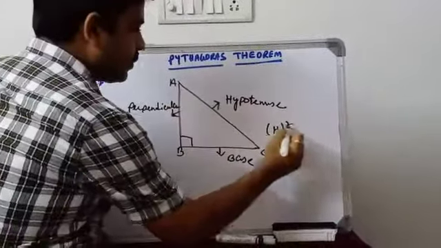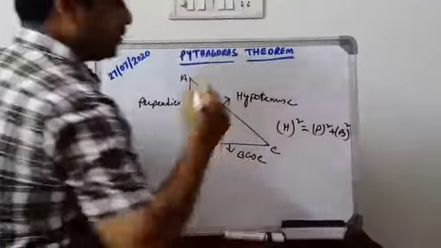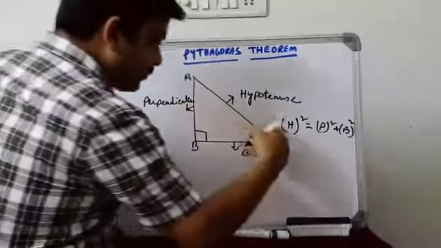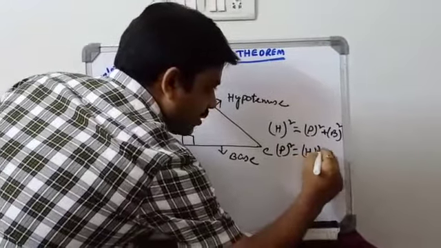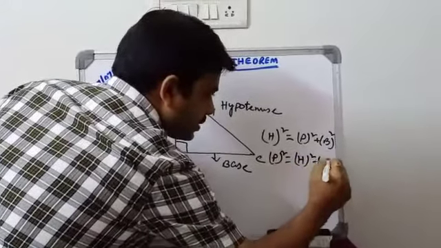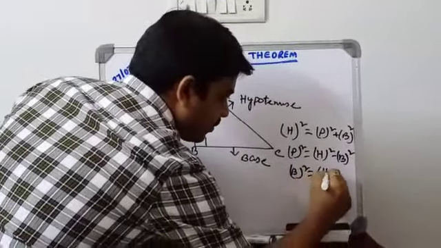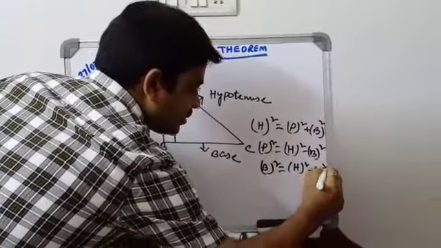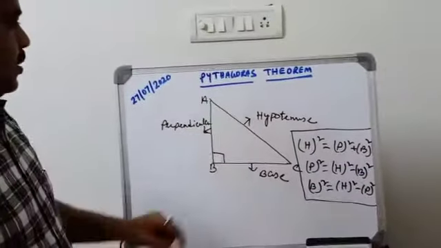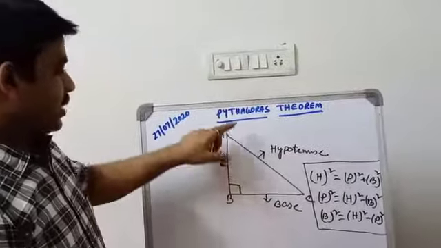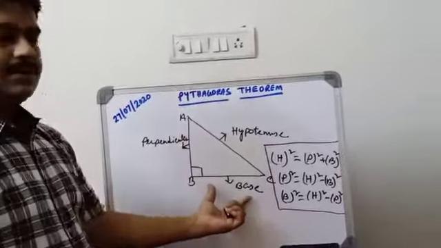So in a right angle triangle, according to Pythagoras theorem, hypotenuse square equals perpendicular square plus base square. From this formula we can also write: perpendicular square equals hypotenuse square minus base square, or base square equals hypotenuse square minus perpendicular square.